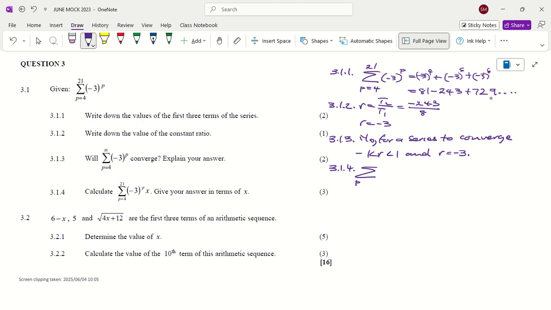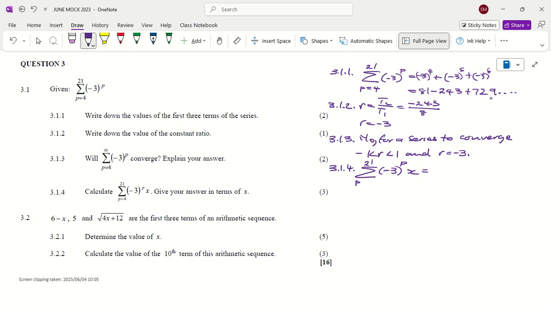So if you look at this one, it's the first sequence, but now everything is multiplied by x.